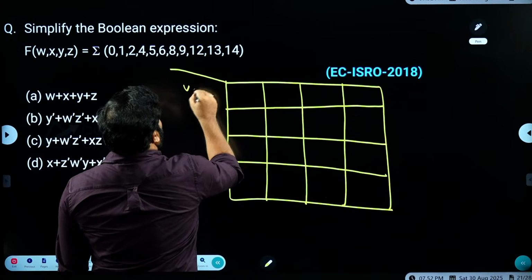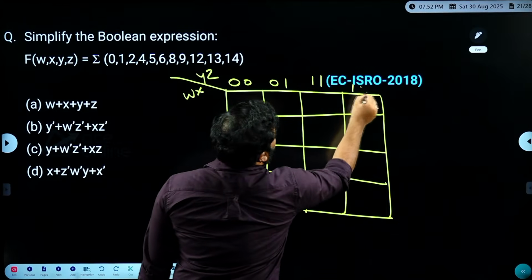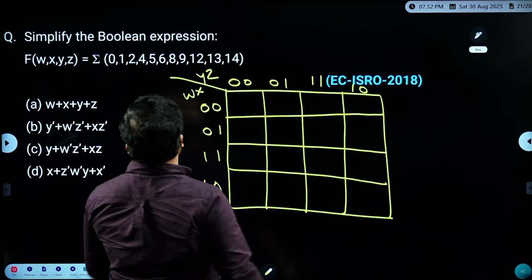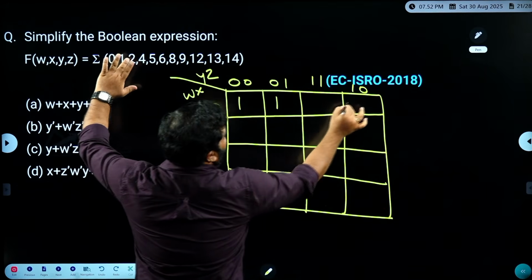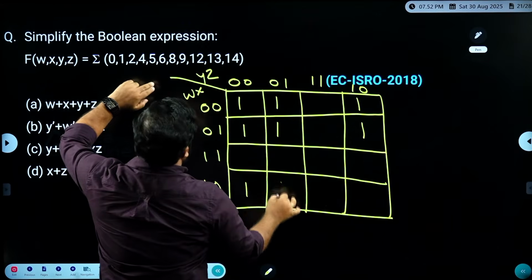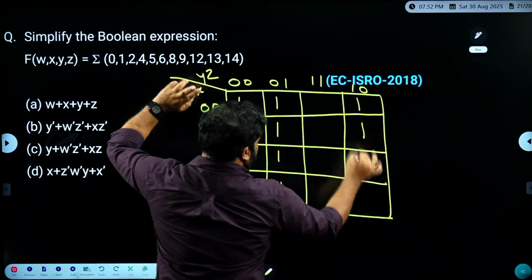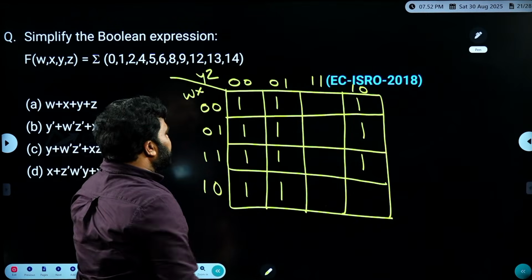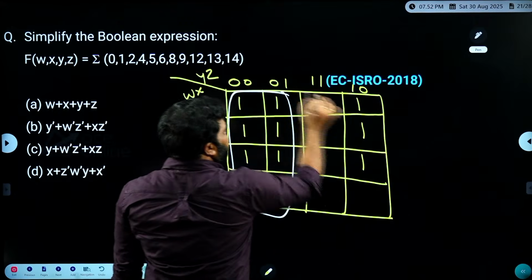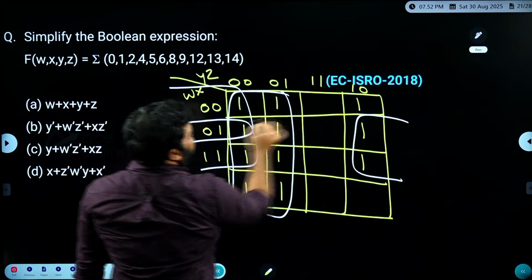Variables are W X Y Z, with 00, 01, 11, 10 along each axis. These are the minterms 0, 1, 2, 4, 5, 6, 8, 9, 12, 13, 14. Then if you are simplifying, there is an octet, then a quad, and another quad.